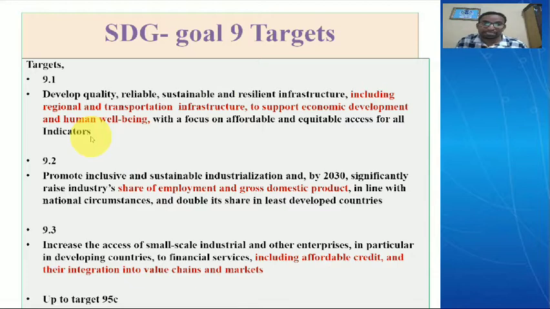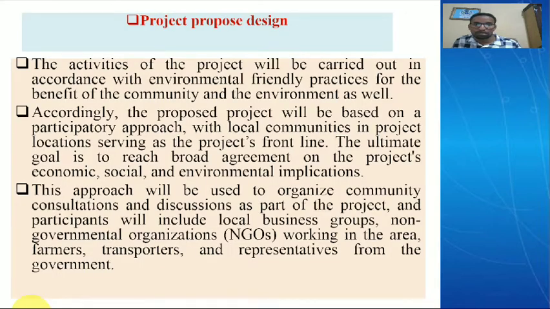So, in this target, our project will support resilient infrastructure because it will implement a sustainable road construction of 15 kilometers between Basra community and Afgoy community, as well as establish one storage facility for small-scale farmers. So here you can see clearly those criteria.